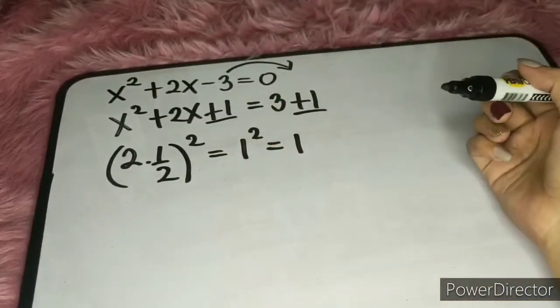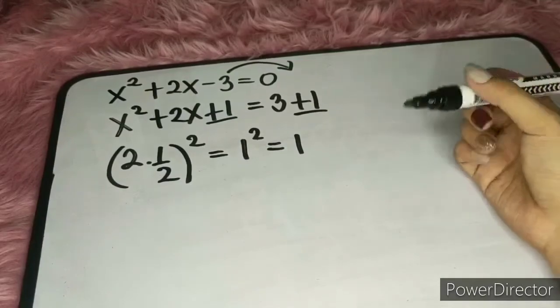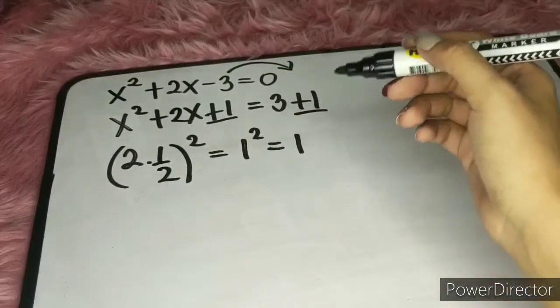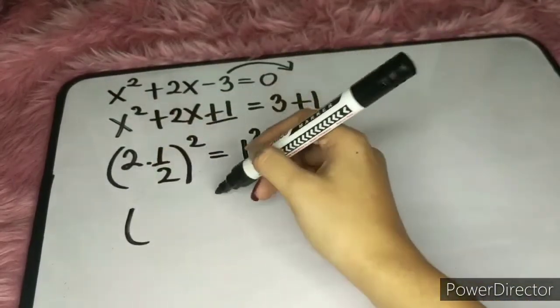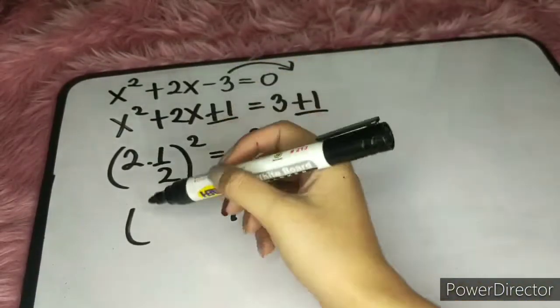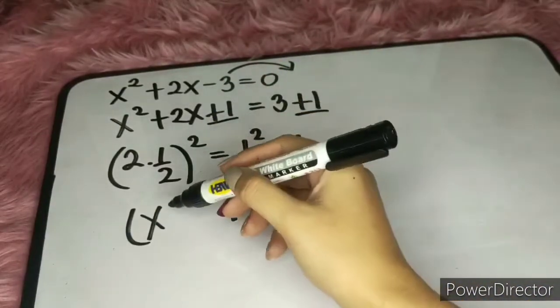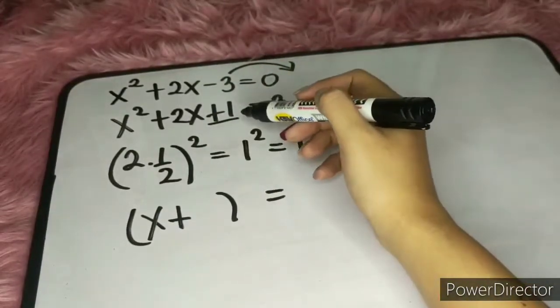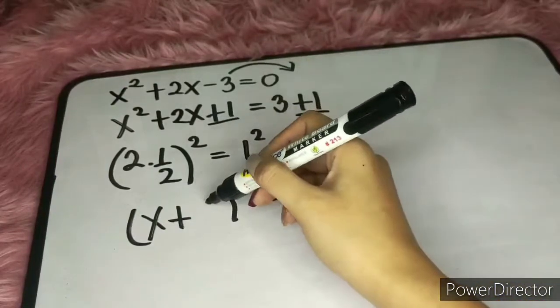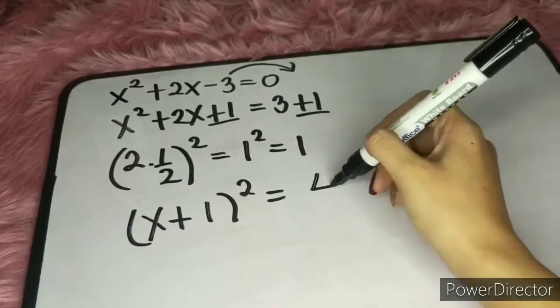So writing the x squared plus 2x plus 1 into a square of a binomial, my shortcut there is I'm getting the square root of my first term, getting the sign of my middle term, and getting the square root of the last term, and then squared. And then getting 3 plus 1, it will be 4.